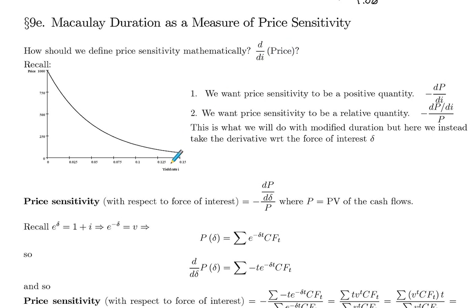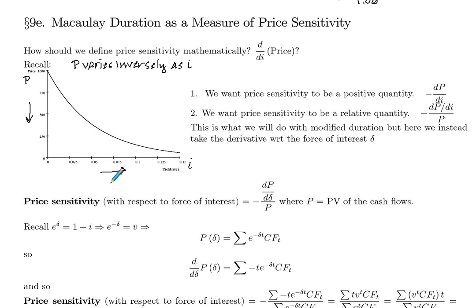Well, remember that the effective interest rate, or the yield rate, i, which is our horizontal axis here, and the price vary inversely. So remember that P varies inversely as i. That means that as i increases, P decreases, and vice versa.